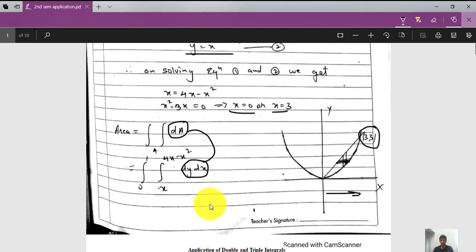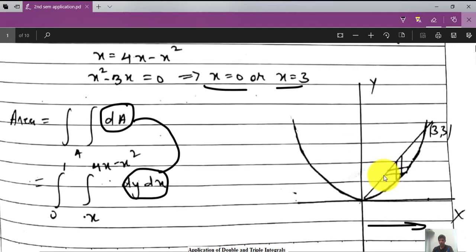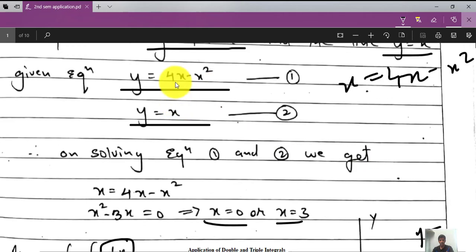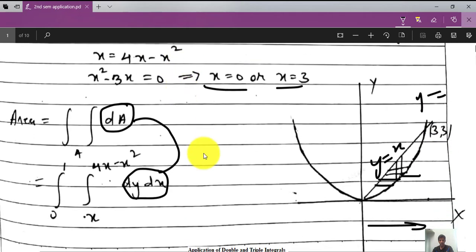So what is the point on this curve? From here to here, this is y is equal to x. And to this curve, it is y is equal to 4x minus x square, right?